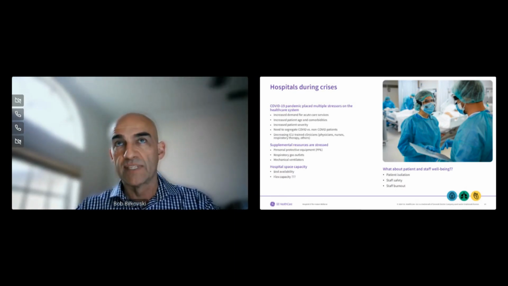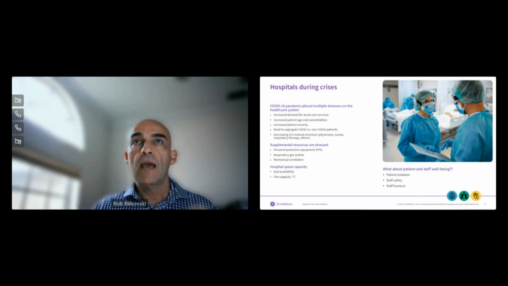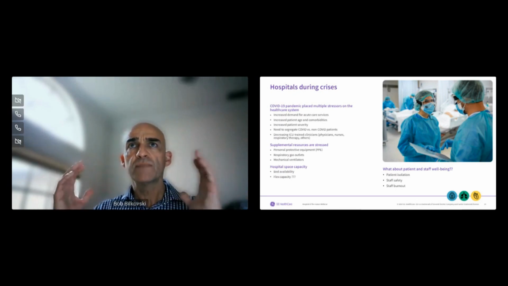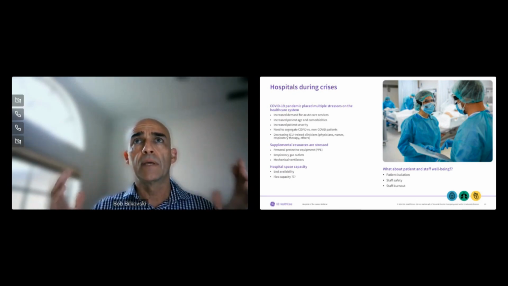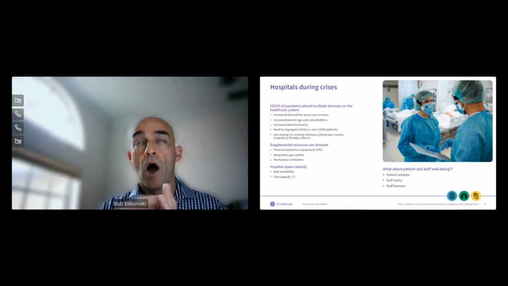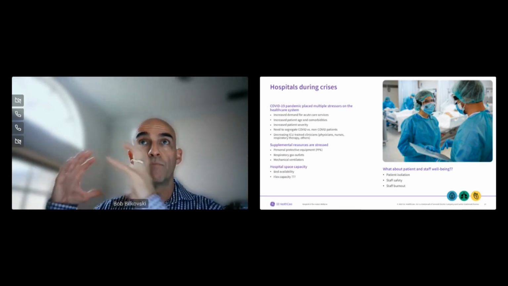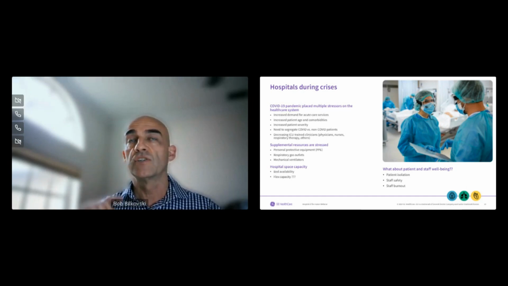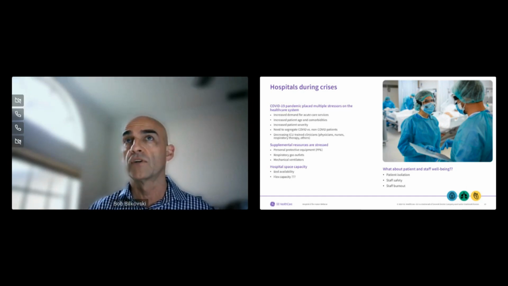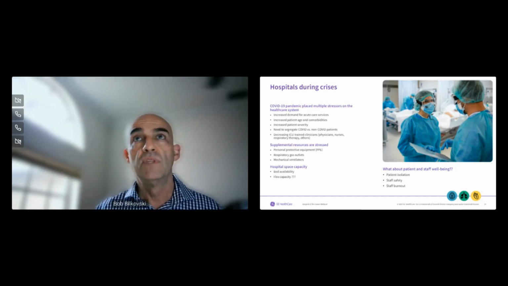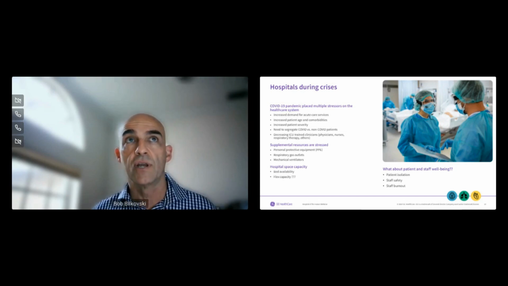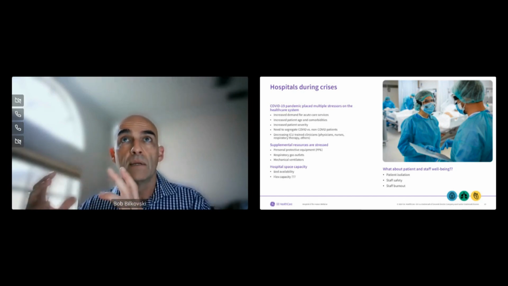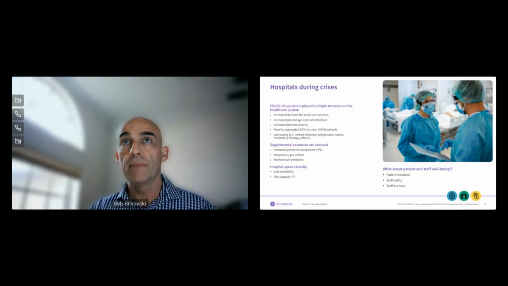I'm not going to recite them one by one, but you have to understand that the hospital, up until the pandemic occurred and onwards, still had their base case of patients to manage: COPD exacerbations, congestive heart failure, myocardial infarctions, strokes, knee replacements, cancer care. Those remained, right? That basal demand remained.